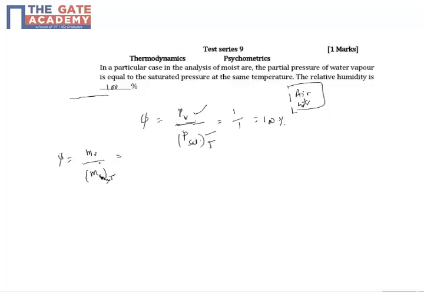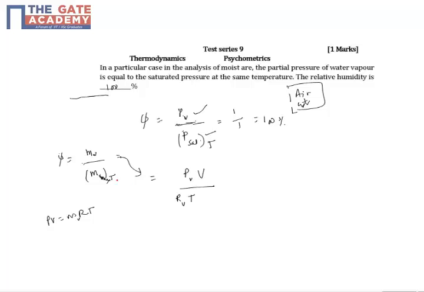Now, assuming that the vapor behaves like an ideal gas, we apply PV = mRT, and the volume is a given volume. So the mass of vapor is nothing but the partial pressure of vapor times volume by R of vapor times T.